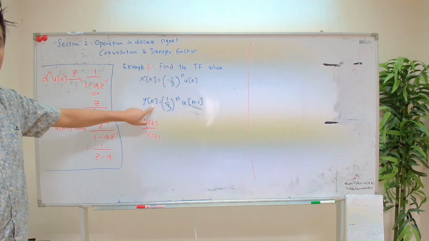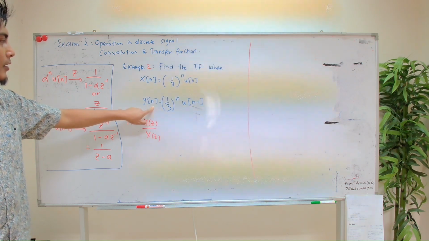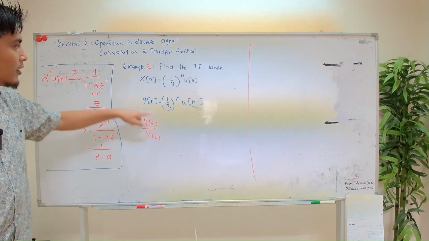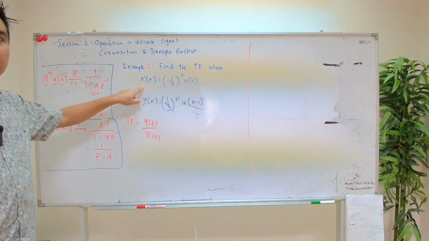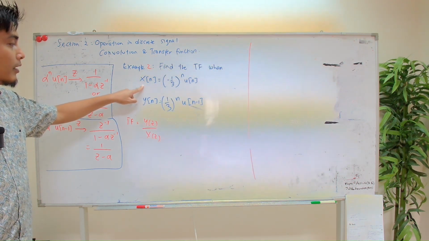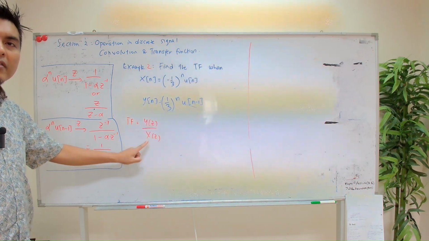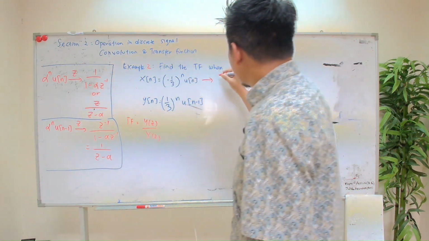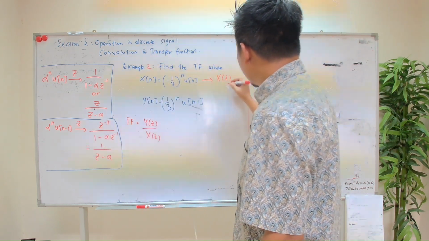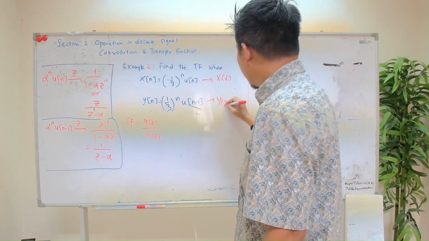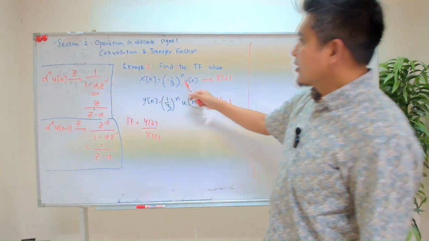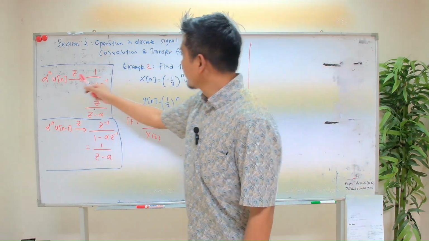So this is in y[n]. However, the transfer function must be in Y(z). This is x[n]. The definition of the transfer function, it must be in X(z). So it means that what you need to do, you need to convert to the X(z) and also the Y(z).